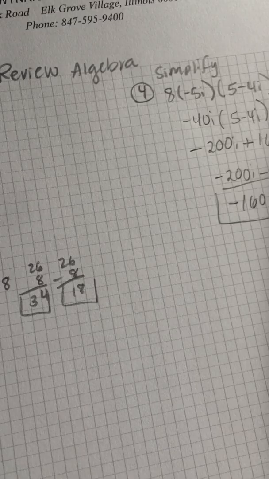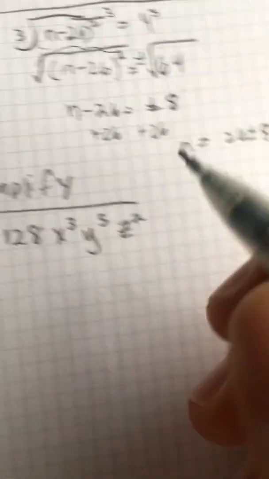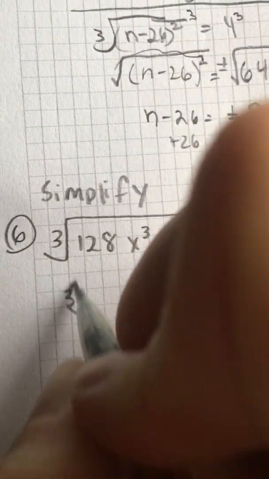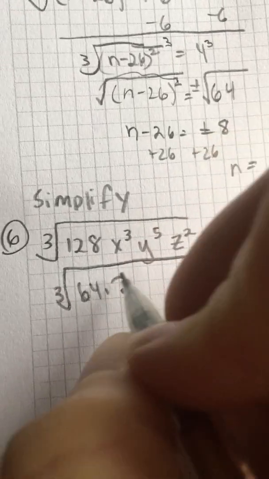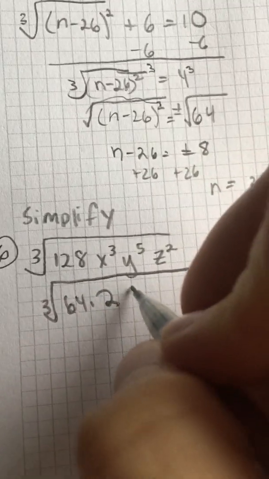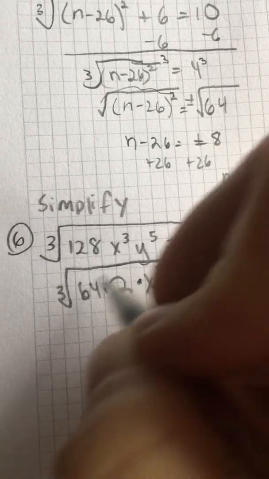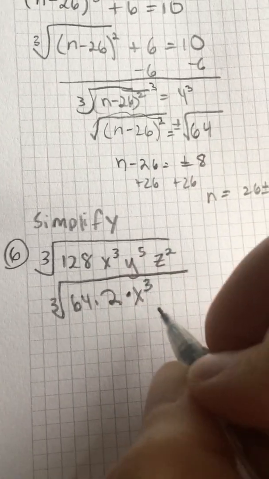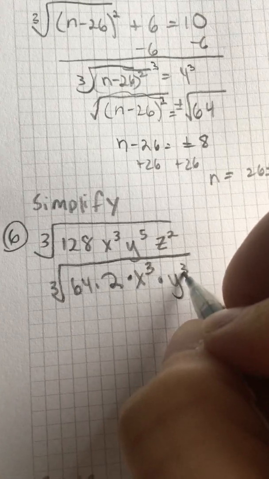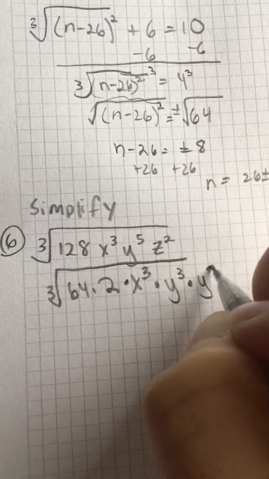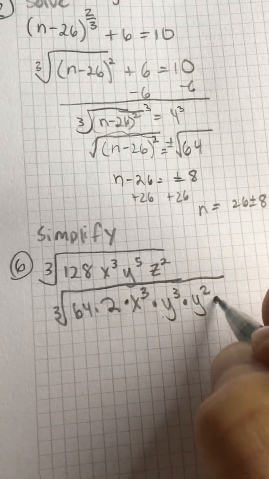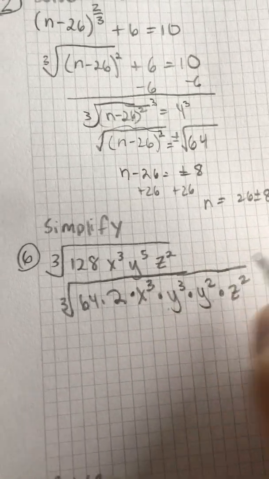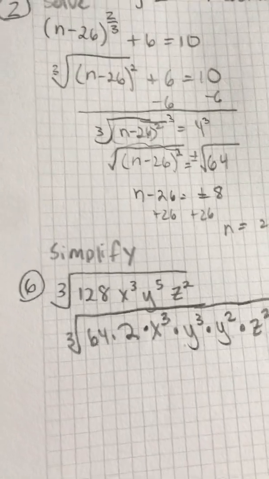So I'm going to use 64 times 2 under the cube root. 64 is a perfect cube. 2 is not perfect. X cubed is perfect, 3 goes into it evenly. Y to the 5th is not perfect, so I'm going to break it up. Y cubed is perfect, and then I need 2 more. Z squared is not perfect. There's not enough z's for anything to come out of the jail.